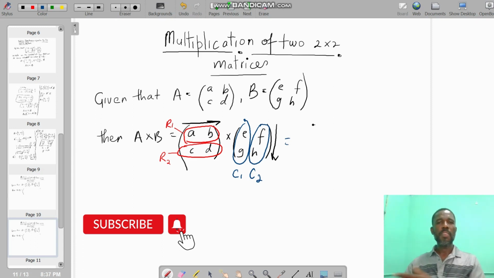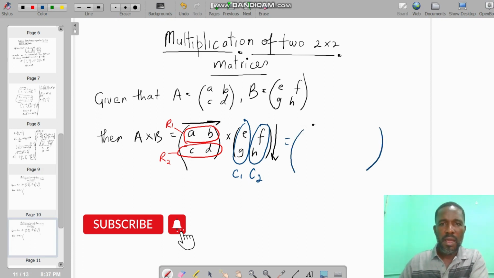Before we get into the actual multiplication, when we are finished, the first element must be row 1, column 1. The second element must be row 1 times column 2. The third element is going to be row 2, because remember it's a row of the first multiplied by the column of the second, so row 2 column 1.